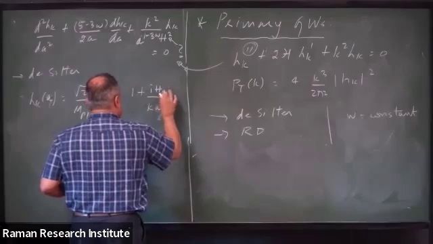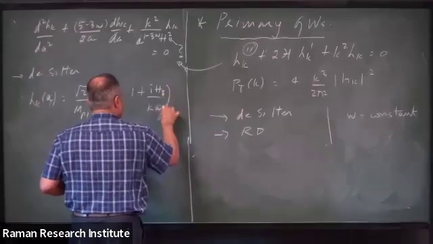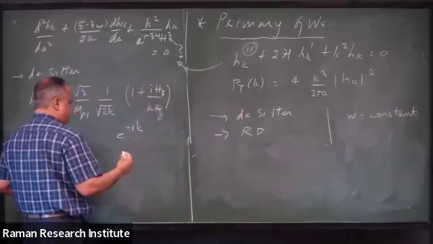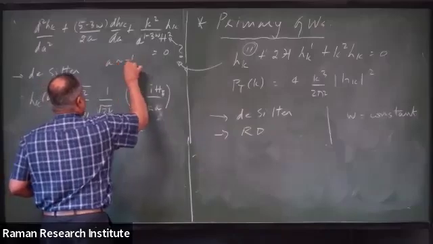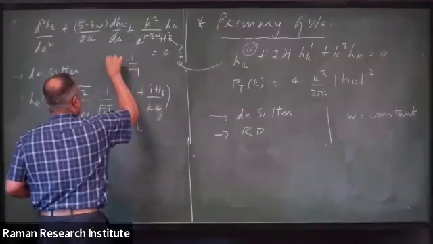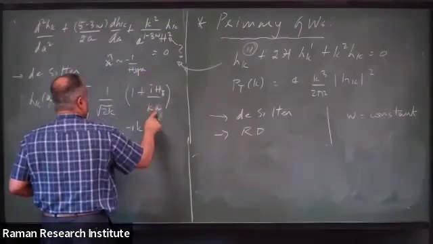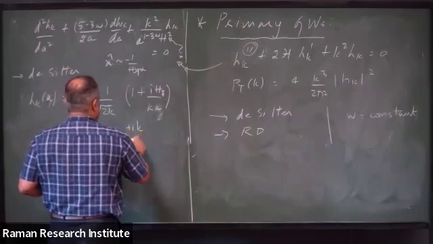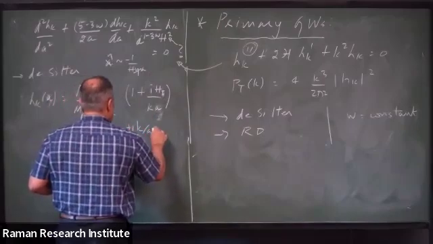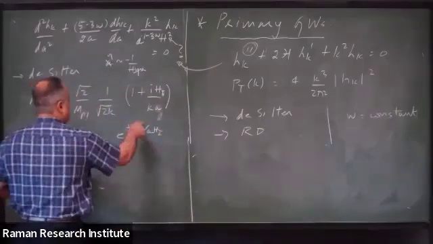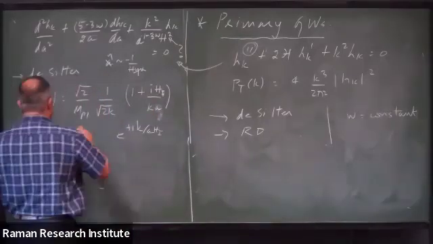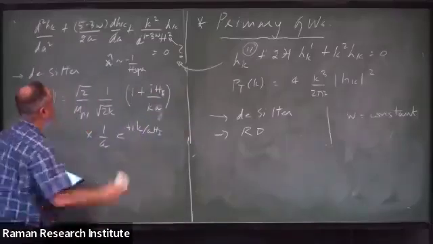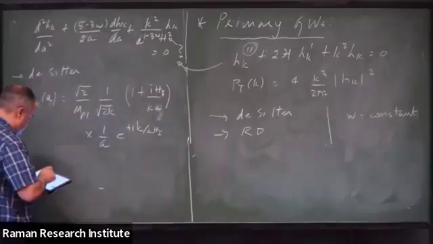I'll call this H naught or H_I, e to the power minus i k eta. a is minus 1 over H eta. Therefore, eta is 1 over aH. So that's fine. This is dimensionless, and there is a factor of 1 over a as well. This is what the solution is in de Sitter. Let me confirm that.